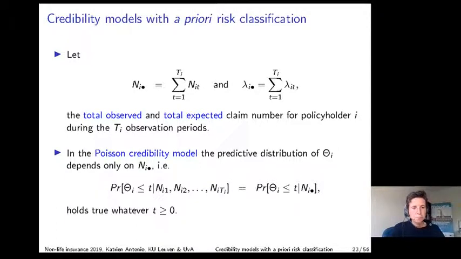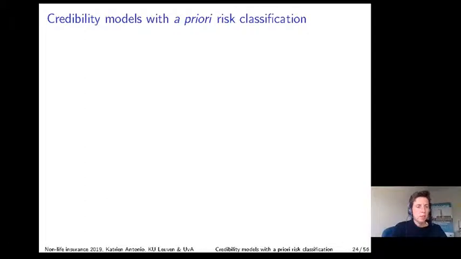That is, the conditional probability that theta I is less than or equal to t, given the claim history, reduces to the conditional probability that theta I is less than or equal to t, given the total number of claims registered in the past on policyholder I. Now let us check mathematically the claim that was made on this previous lecture sheet.